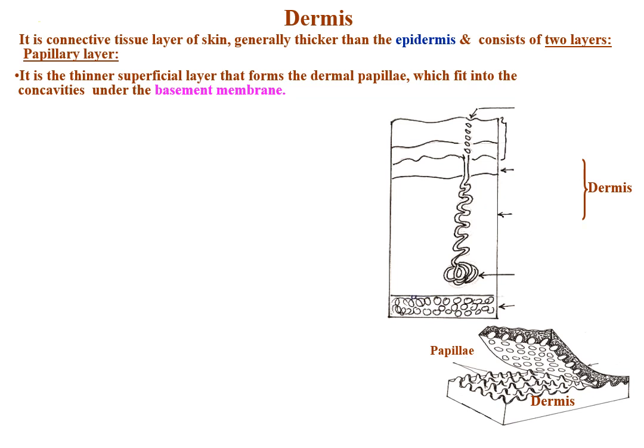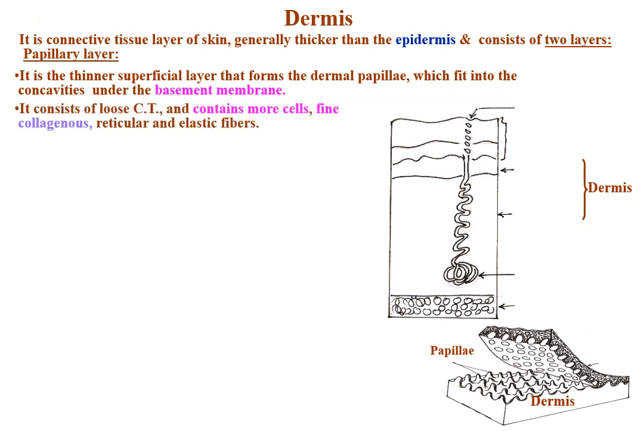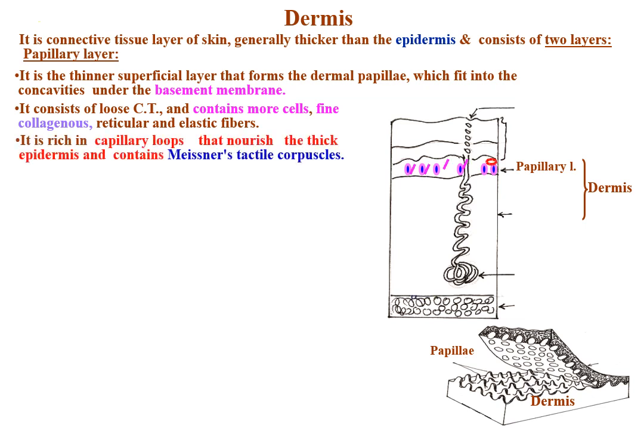The papillary layer of the dermis consists of loose connective tissue and contains more cells, fine collagenous fibers, reticular and elastic fibers. It is rich in capillary loops that nourish the thick epidermis and contains Meissner's tactile corpuscles.